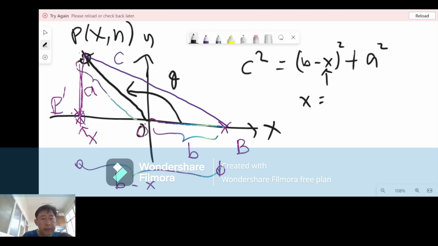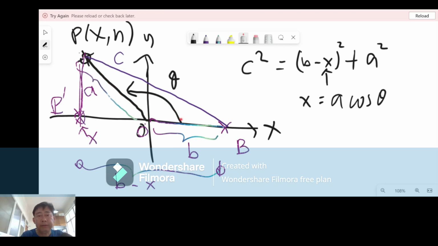If this is the angle theta, then this x value is equal to A times cos theta. So x, which is the coordinate of the point P here, is just A multiplied by cos theta.